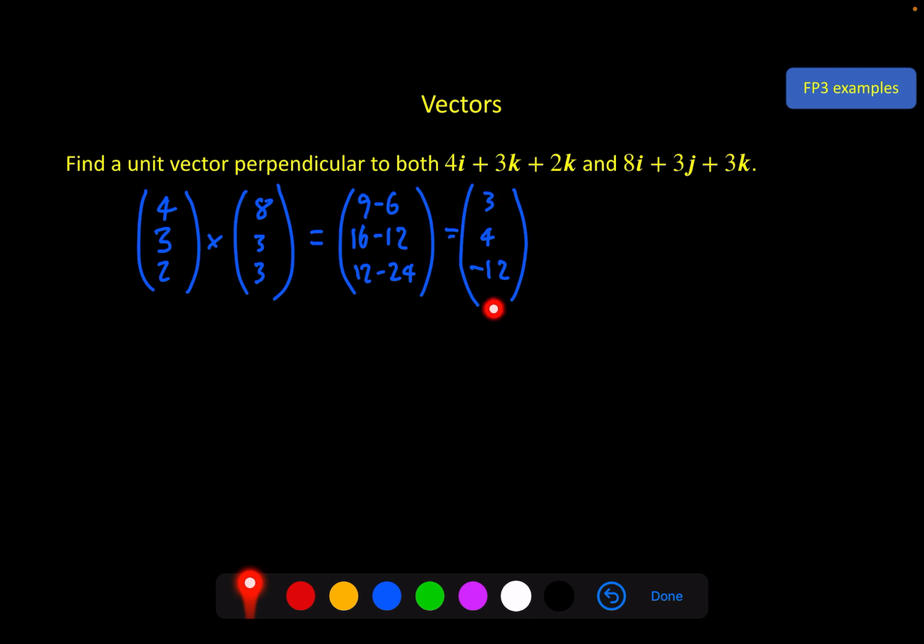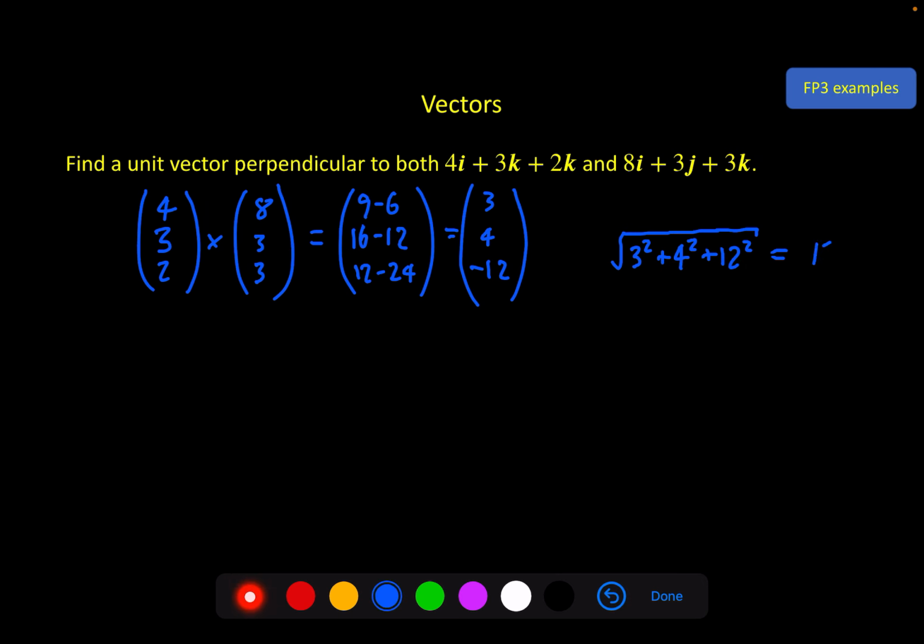If you find the magnitude of this, 3 squared plus 4 squared plus 12 squared, that will not equal 1. But we do need to know what that is to find the unit vector. And some Pythagorean triples here. 3 squared plus 4 squared would give me 5 squared, and 5 squared plus 12 squared would give me 13 squared.